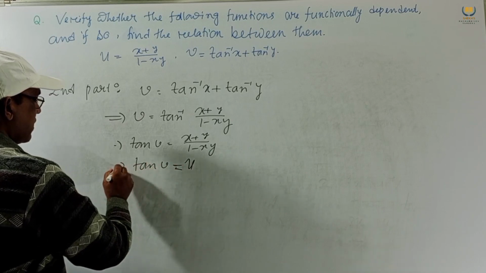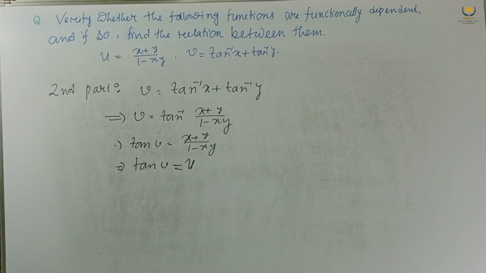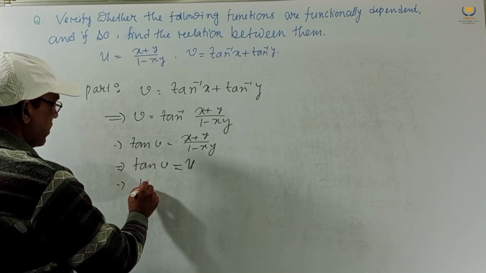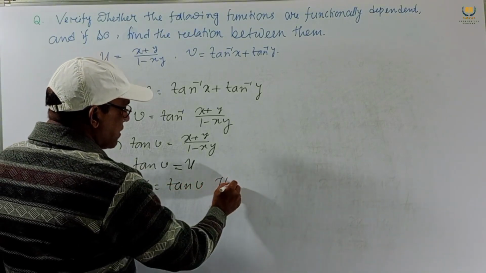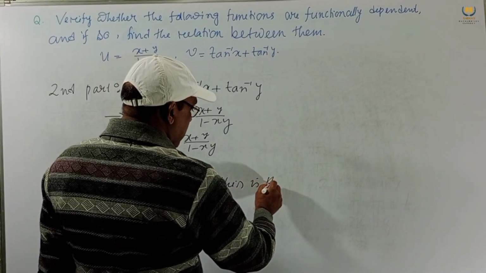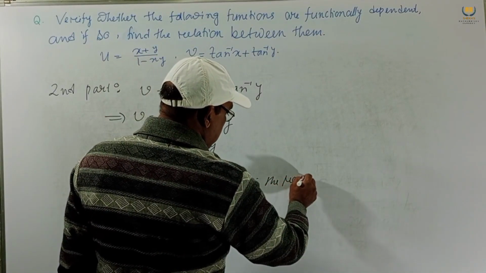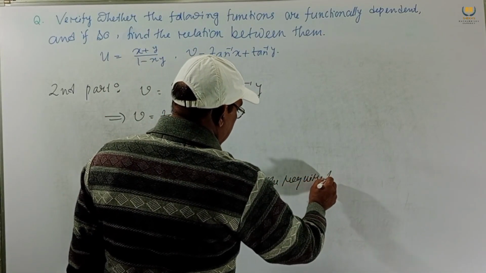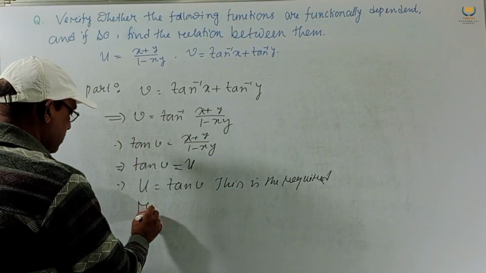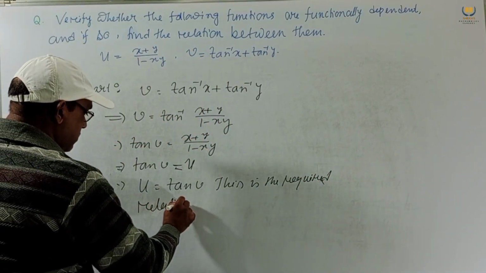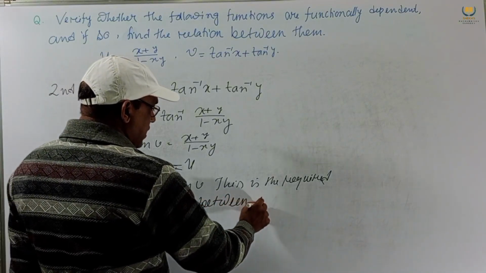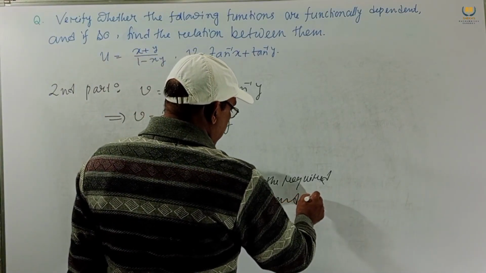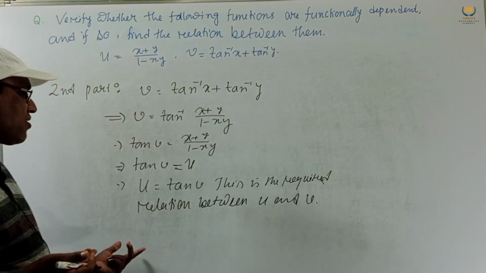So what we get, tan v equal to u, or we can write u equal to tan v. This is the required relation between u and v. This is the complete solution.